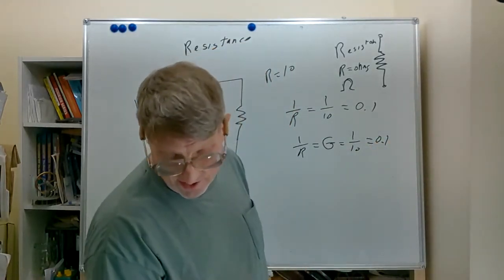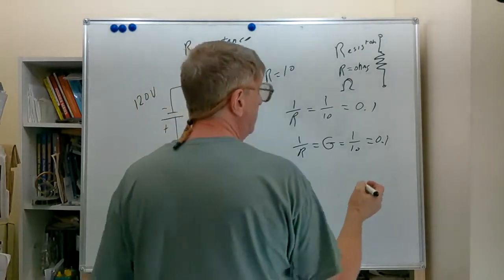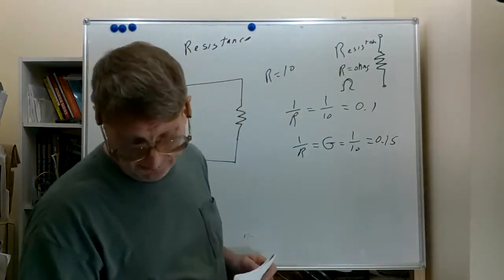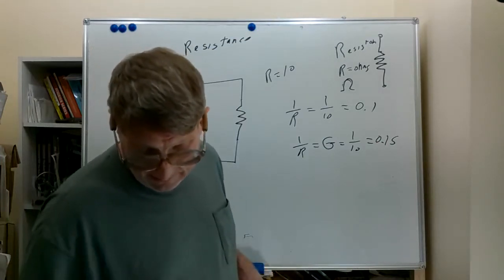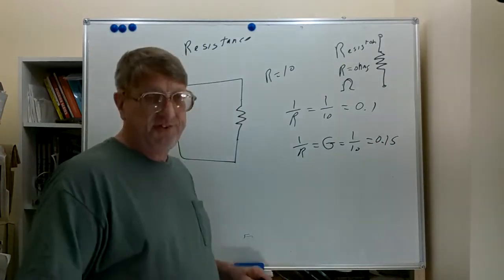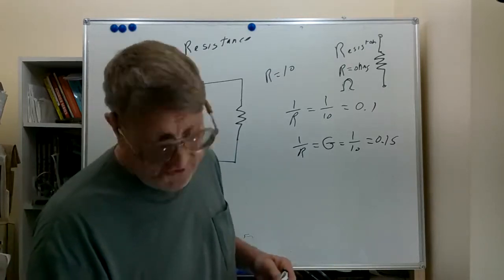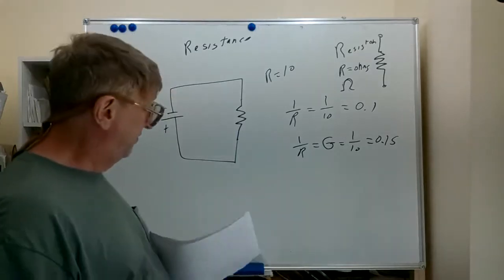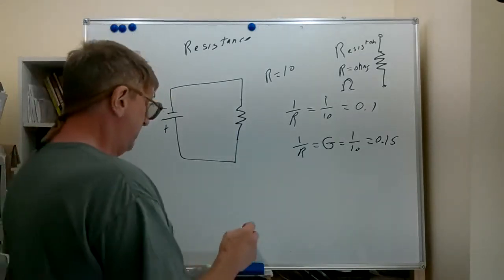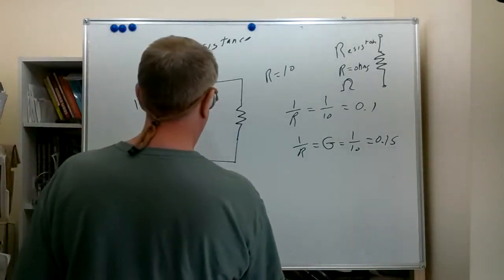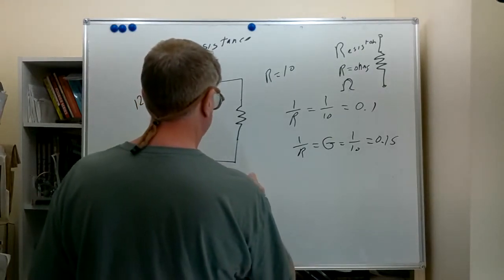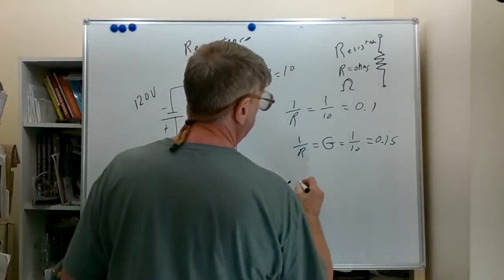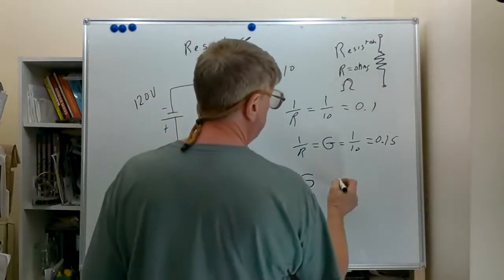And the unit we use is called Siemens, and we indicate that with a capital S. And this is in honor of Ernst von Siemens, who was involved in development of some of the electrical stuff. Now the conductance G, and that's in Siemens.